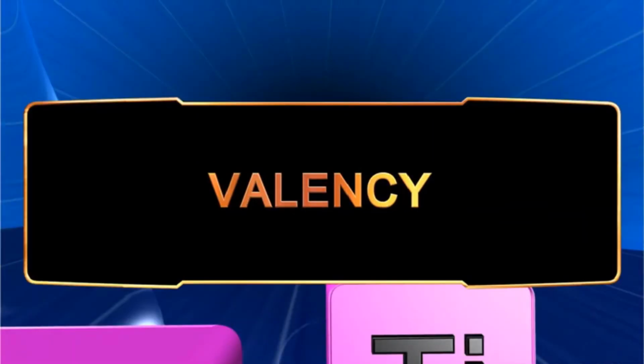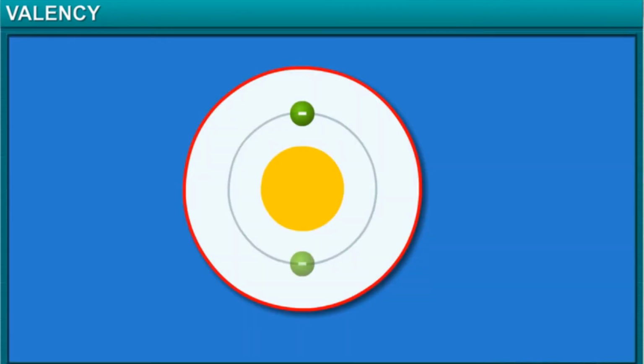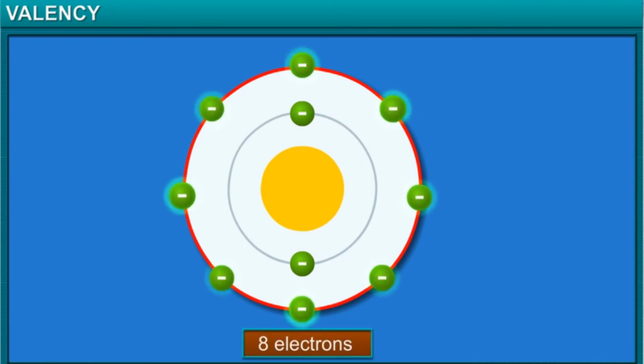Valency. Let's observe the distribution of electrons in the given elements. Electrons in an atom are arranged in definite shells. The electrons which are present in the outermost shell of an atom are called valence electrons. From the octet rule, an outermost shell of an atom can accommodate 8 electrons.